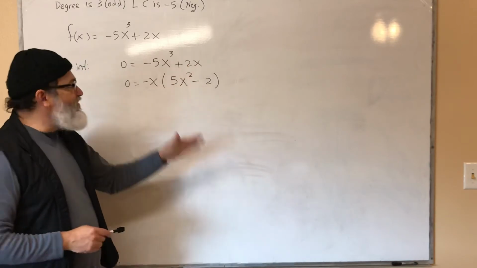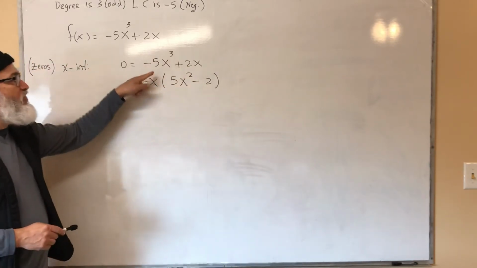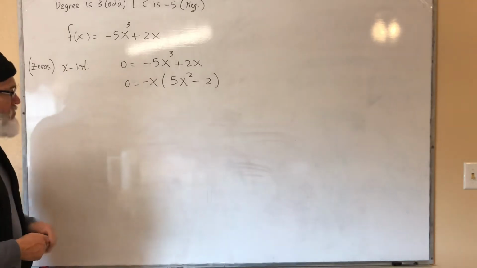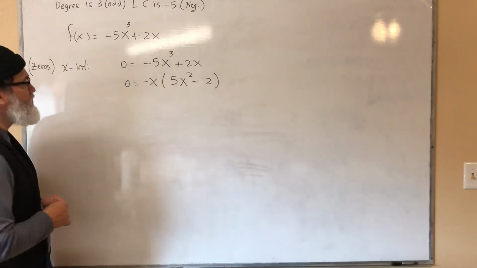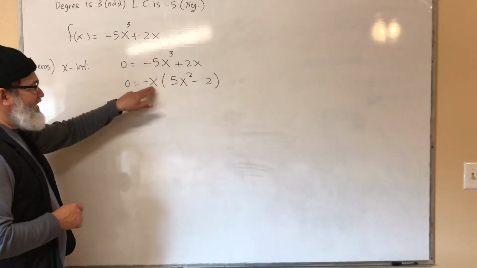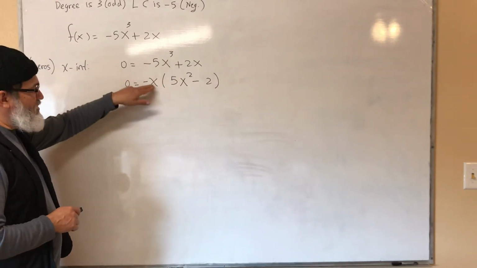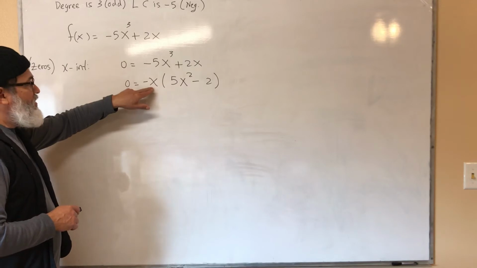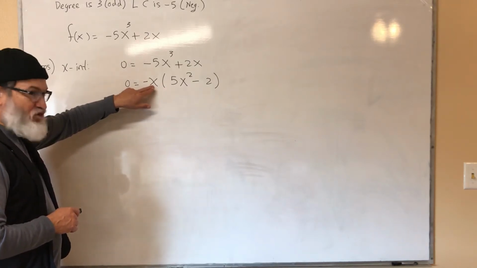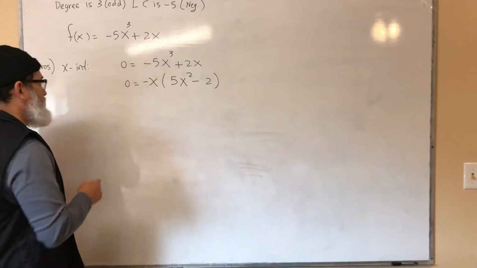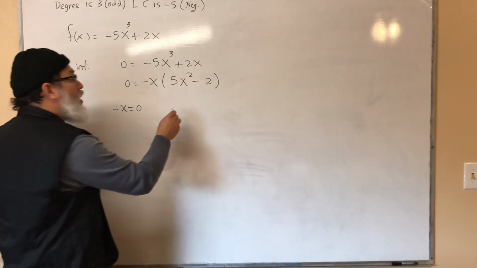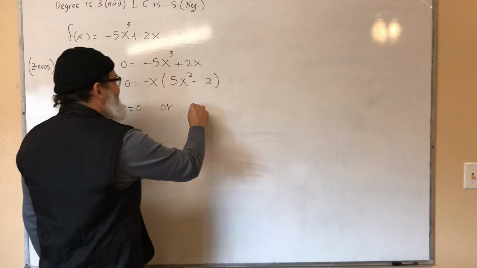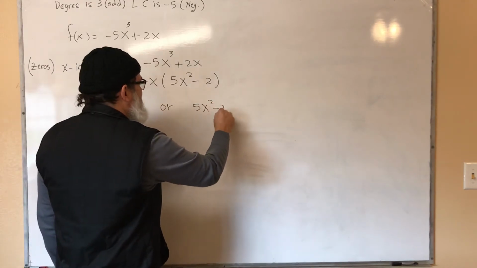So this is the factored form of the original expression. Okay? And now we're going to solve. To solve this, you make this first factor equal to 0. So to solve, negative x equals 0 or 5x squared minus 2 equals 0.